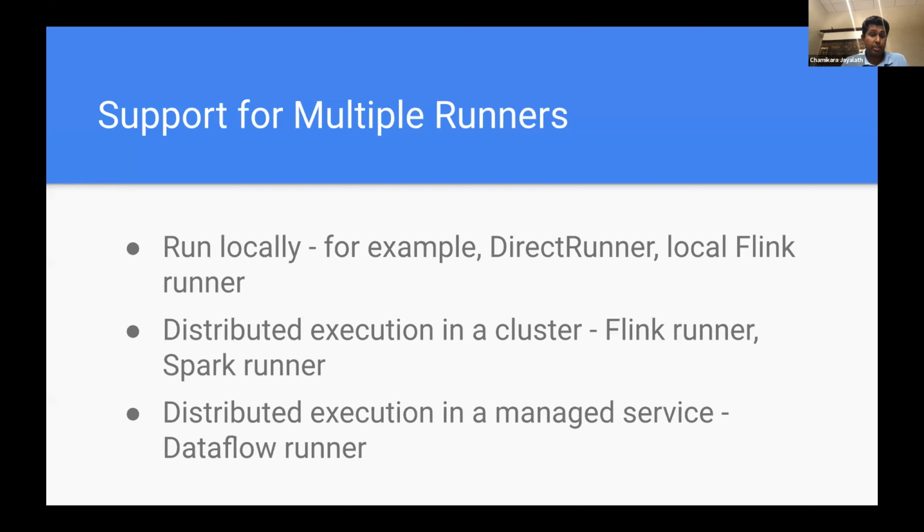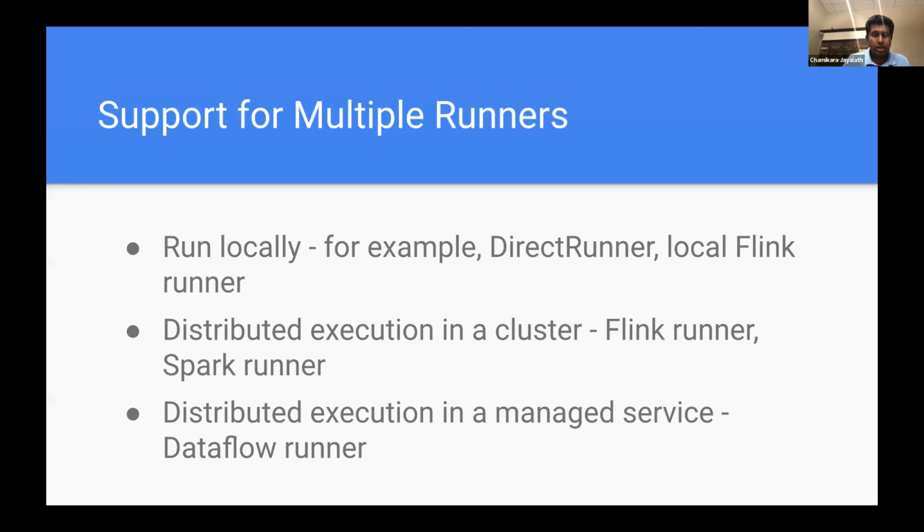You might want to run your application locally. If you want to do that, you can choose something like Beam's Direct Runner, which is an in-house runner for running things locally, or you can maybe run Flink in the local single machine mode. If you want to run in a cluster, you could start a Flink cluster or Spark cluster and use the Beam Spark Runner or Flink Runner to run your application.